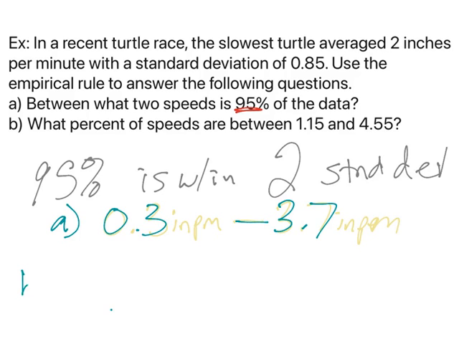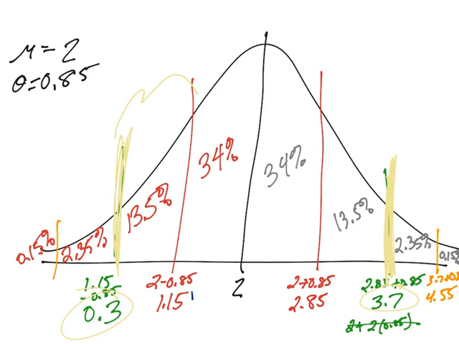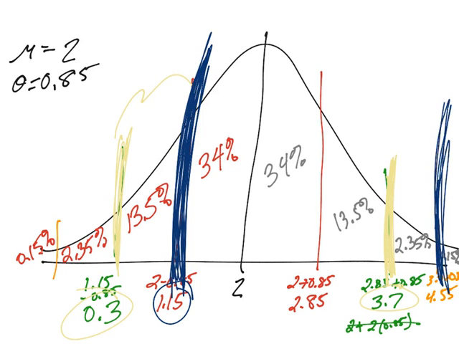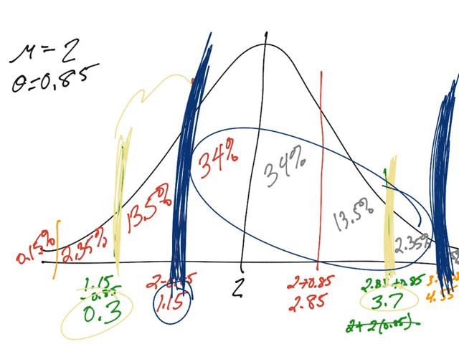Okay, letter B. What percent of speeds are between 1.15 and 4.55? Okay, let me get a new color. So this is 1.15. Let me make that real thick. And the other one was 4.55, so that's right here. So we're looking at all of these values in the middle.